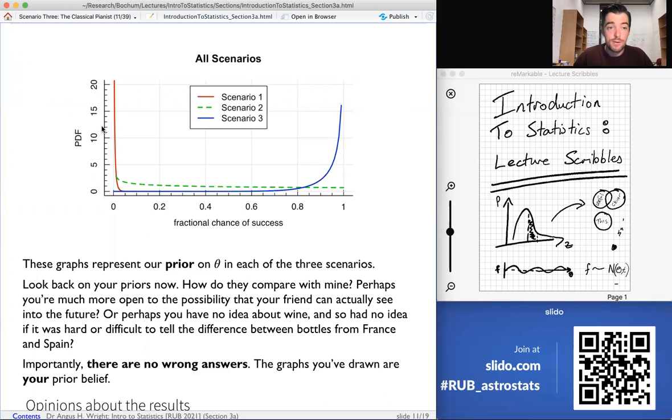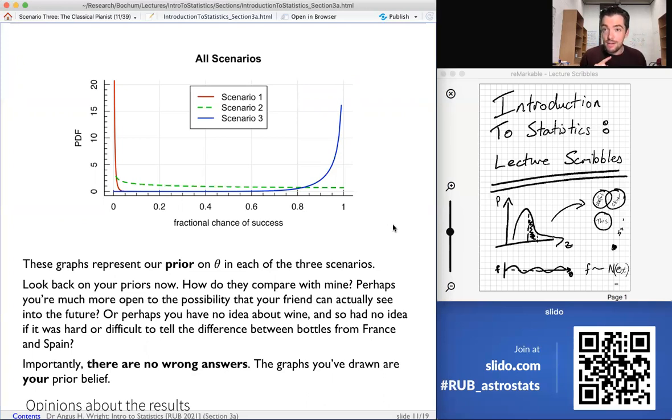Totally fine, right? And so your probability distribution for this one might extend, say, 50% at 0 and 1. Where you're saying he could or he couldn't. I don't know. I want to see the data first. There are no wrong answers. And I'm not meaning that in terms of, I want to make you feel good about yourselves. What I mean is that when it comes to specifying a prior, by definition, there is no wrong answer.